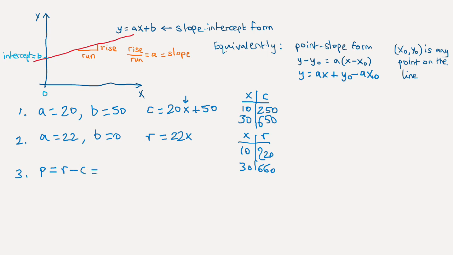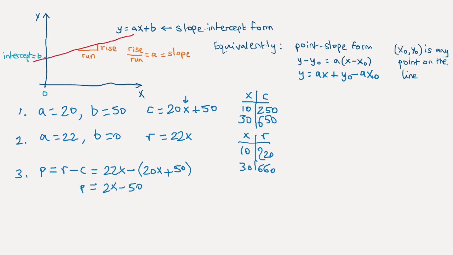So the revenue function was 22x. The cost function is 20x plus 50. And if I simplify that, I'll have 22x minus 20x, so I'll have 2x, and then minus 50.